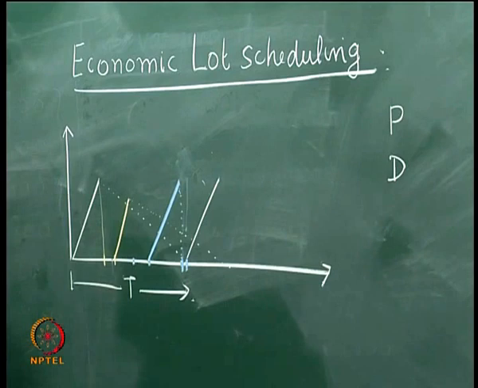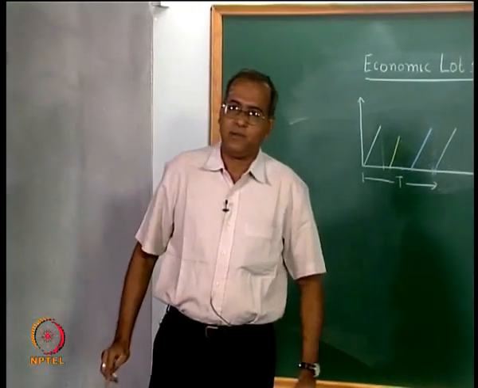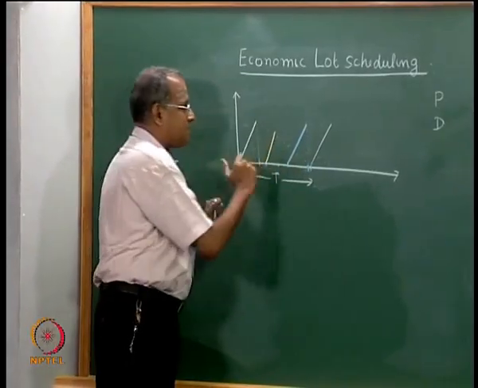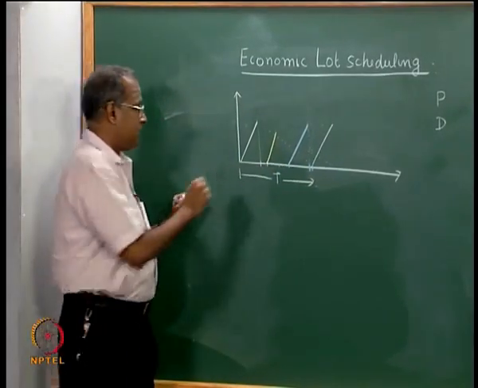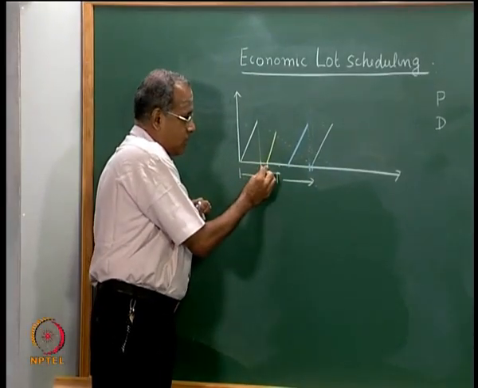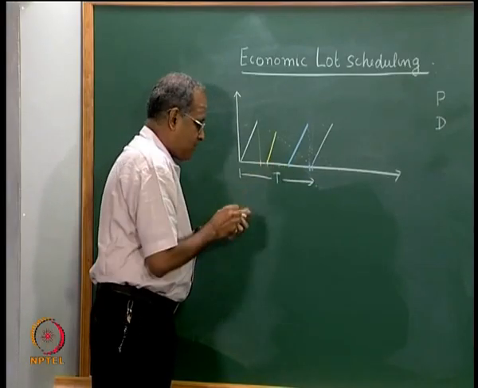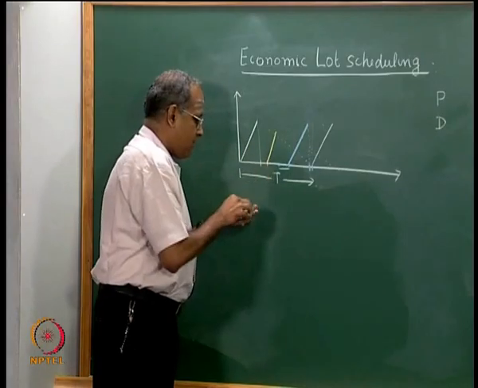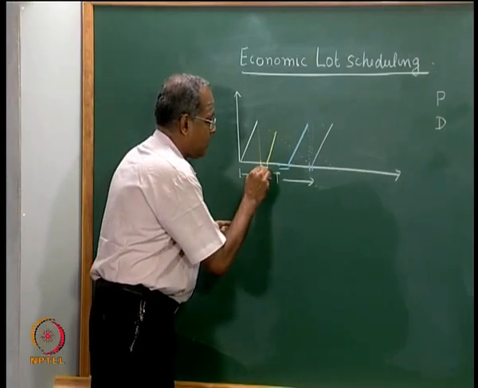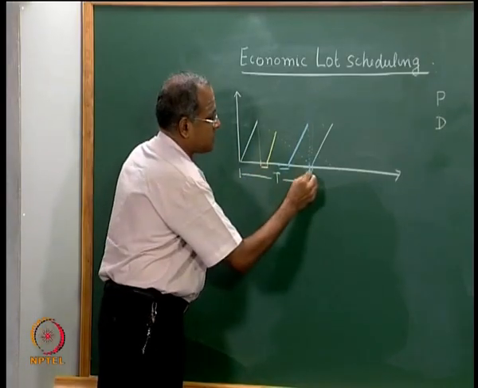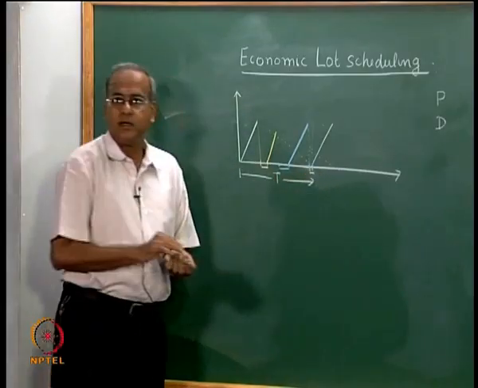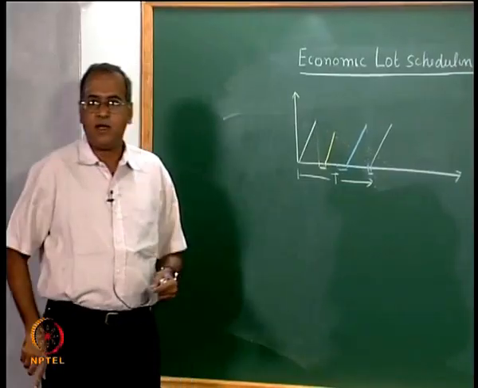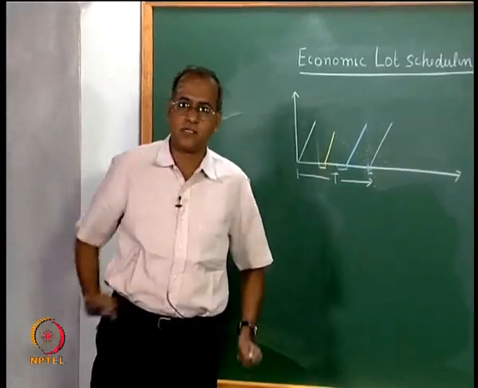The reason why it is not order dependent is because the time to change over or setup as we call, which is this time to change over to yellow, this much time to change over to the blue, this much time to change over to the yellow, and this much time to change over to the white, depends only on the succeeding job and does not depend on the preceding job.